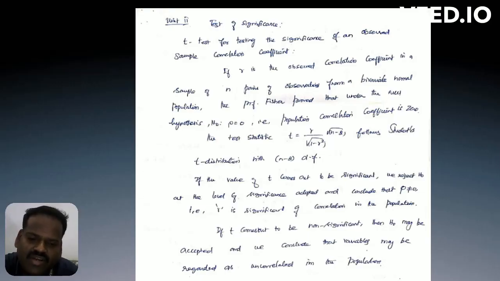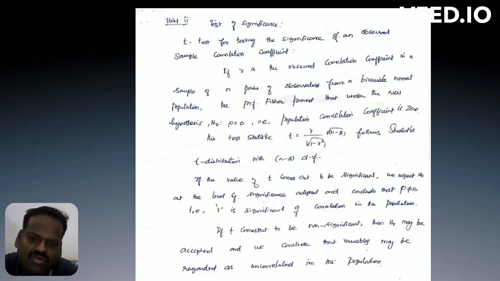Otherwise, the alternative hypothesis H1: rho not equal to 0, that is, the population correlation coefficient is not equal to 0. That means the sample correlation coefficient is giving evidence about the population correlation coefficient.